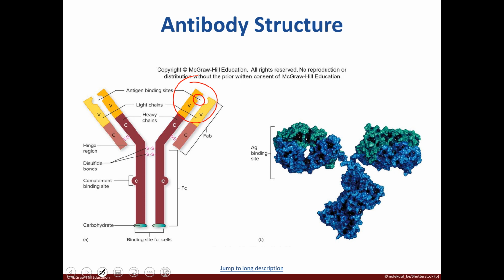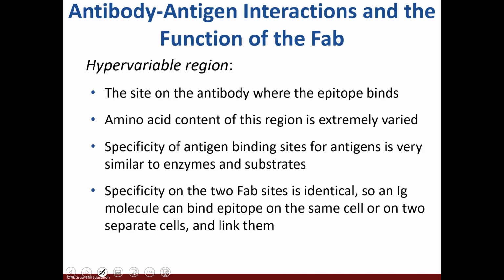We can see the light and heavy chains, and the Fc region. The hypervariable region is where the antibody binds the epitope, or region of the antigen. It varies from antibody to antibody, and can bind epitopes on the same cell or link them.